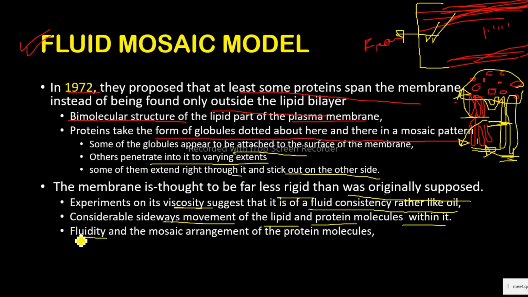Okay? So because of that fluidity of the membrane, and because of the arrangement of these proteins, if you observe from the surface, not sandwiched, but just dotted in a mosaic pattern within the surface of the membrane, then if we combine these two, we shall form our model, the fluid mosaic model of a plasma membrane.